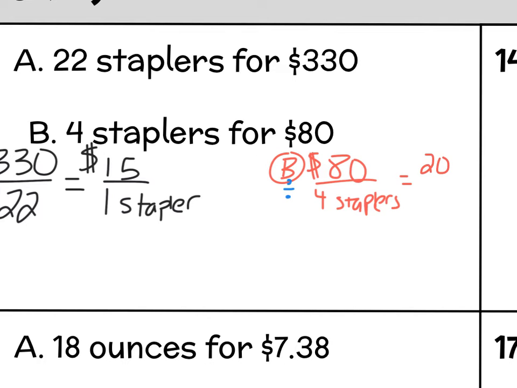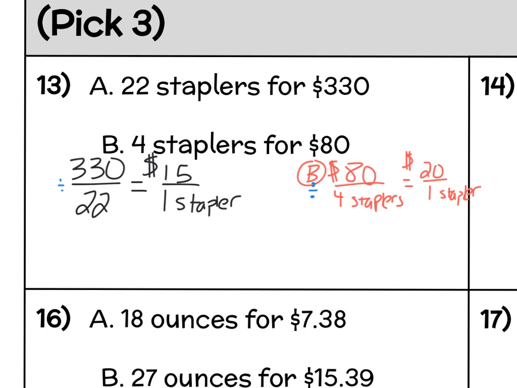So again, make sense of your answer. Don't just write down what the calculator says. What this is telling us is that for letter B, it's costing $20 for one stapler. So if I'm now going to compare these two prices, letter A has $15 for one stapler, and letter B has $20 for one stapler.